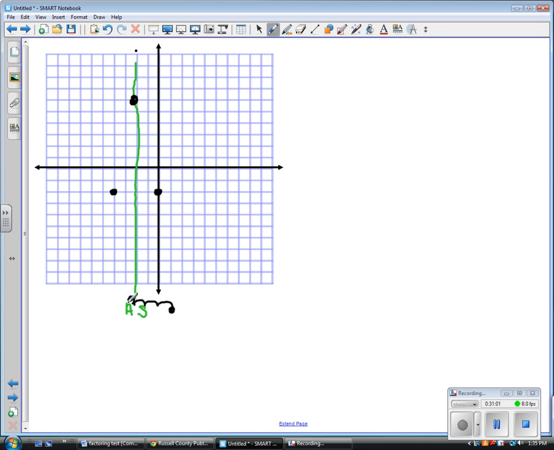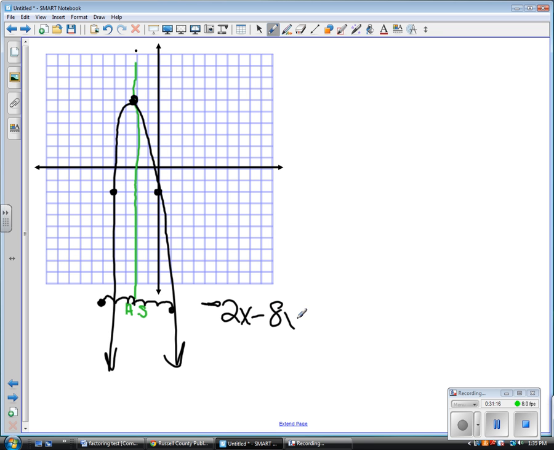So I'm going to go 3 this way. 1, 2, 3. There's my point. And there starts my parabola. And I missed that point altogether. Sorry about that. That gives me -2x squared minus 8x minus 2. Yes, still label it. Okay?